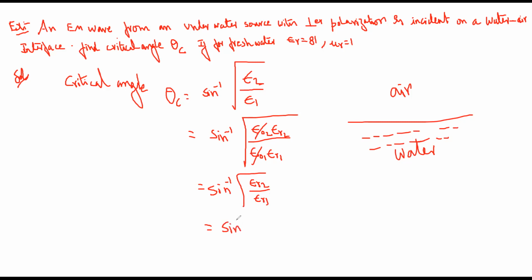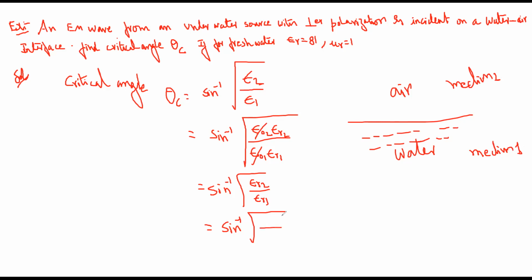Sine inverse of the square root of, for water it is medium 1 and air is medium 2, the interface between medium 1 and medium 2.